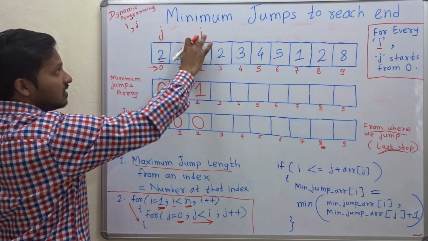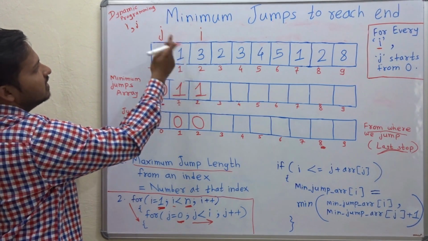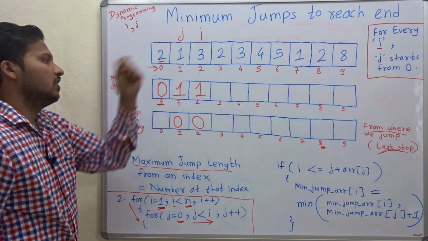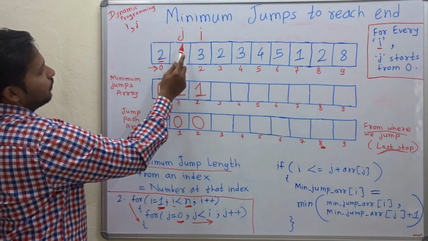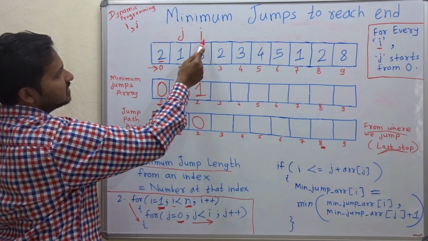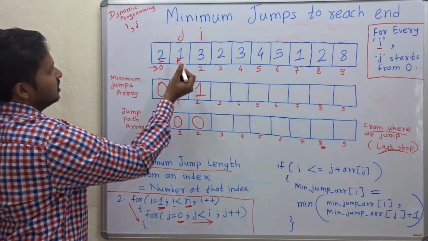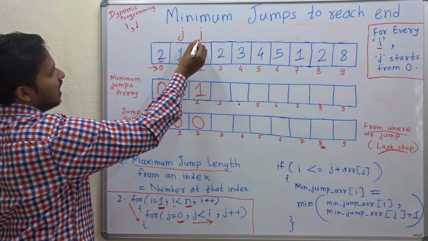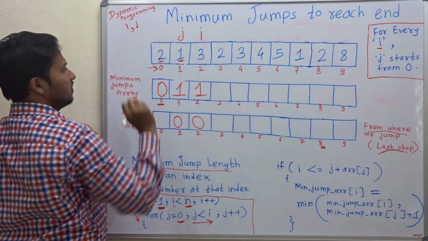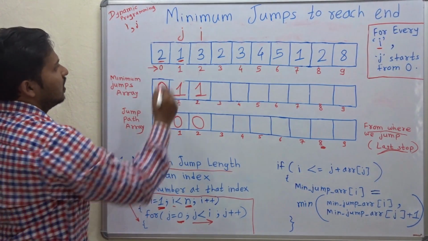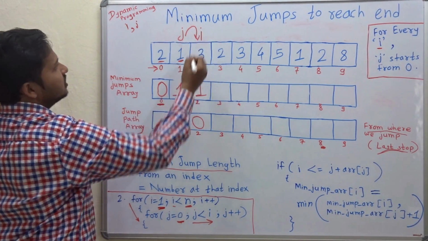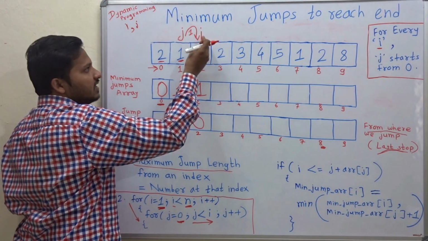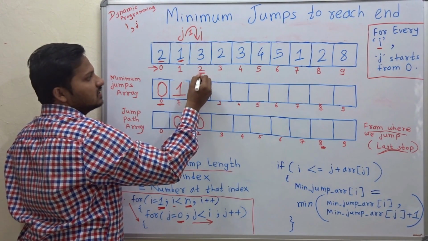Now let's check another possibility by incrementing j. So j comes here. Now from j, whether I is in range? Yes, it is in range because the value here is 1 and I is 1 place away. Means with one jump I can reach I. So how many jumps are needed to reach the second index?